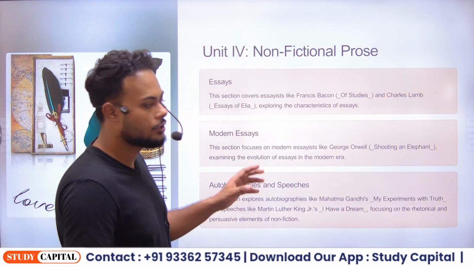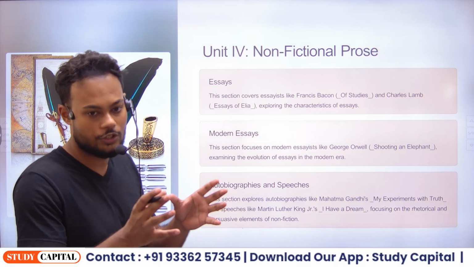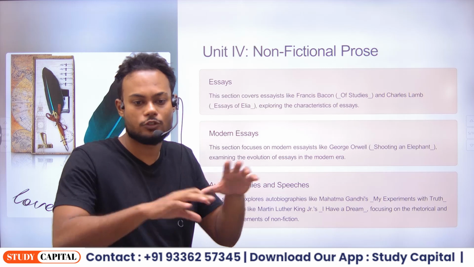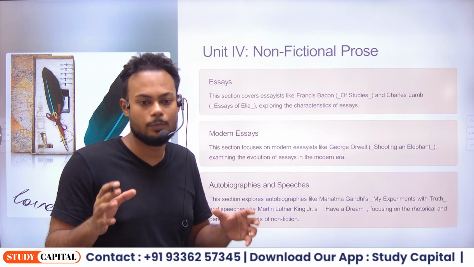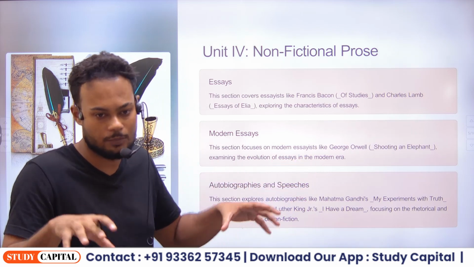Okay, now non-fictional prose. Again, anything which is non-fictional, regardless of the country that it originates from, you're going to be asked from that. But since the canvas is so broad, when you say non-fictional prose, we have to somehow circumscribe all of this mess.